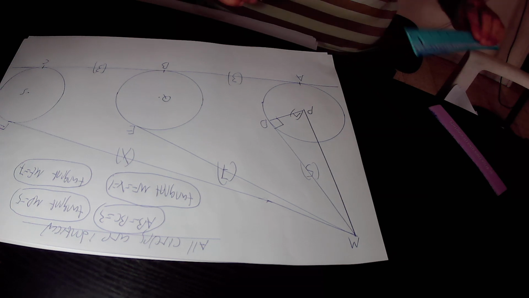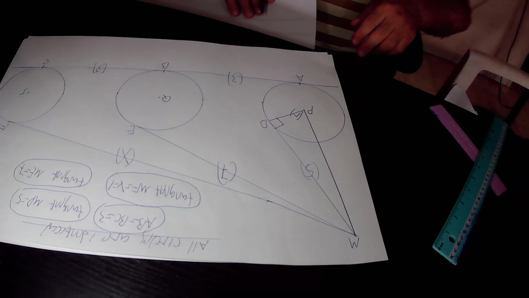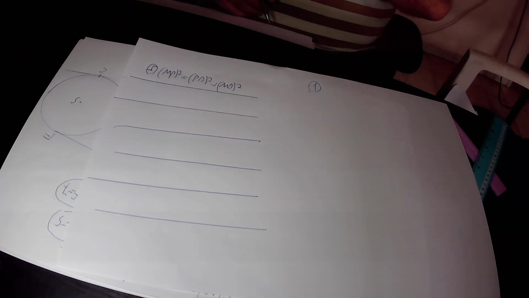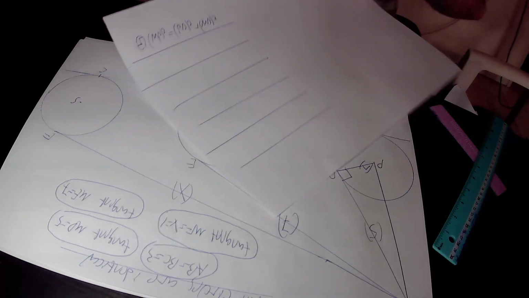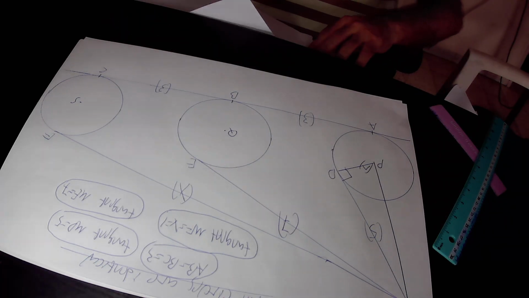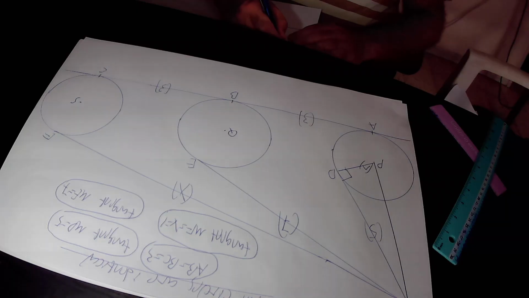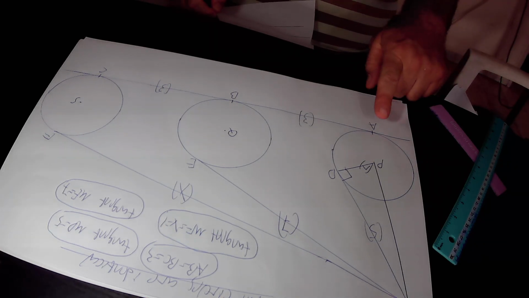So in this right triangle MPD, according to the Pythagoras theorem, MP square equals PD square plus MD square. MP is the missing side, so we leave it as it is. So it is MP square, and it is equal to PD square.